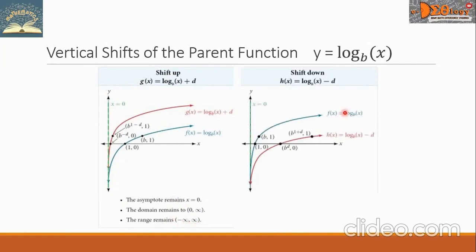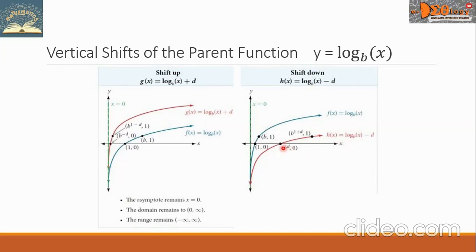Now we have a shift down function h of x equals log of x to base b minus d. We have here two graphs also. This graph in blue is the graph of the parent function f of x equals log of x to base b. Now, this graph in red is the graph of h of x equals log of x to base b minus d.